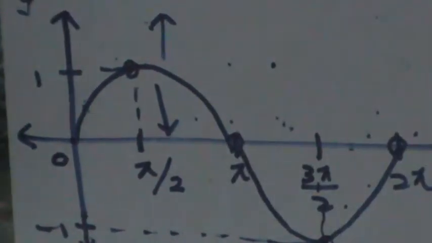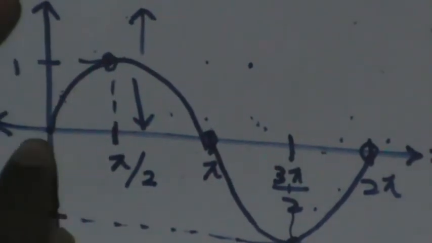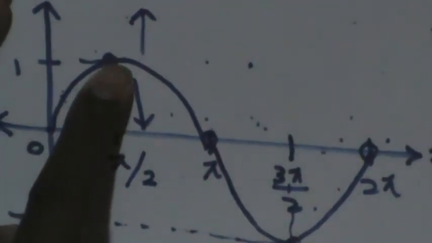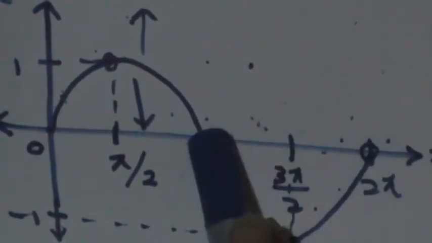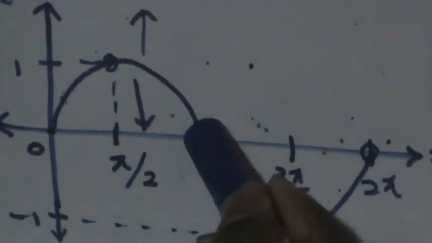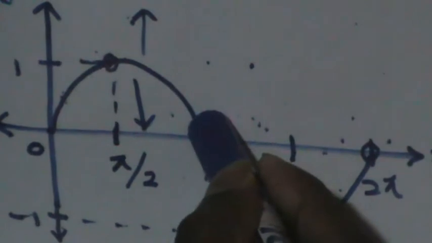So the y equals sin 2x graph will be something, at pi by 2 it will be 0. So this point will come here and this point will go here, and this point will be somewhere between. So this graph is shrunk.